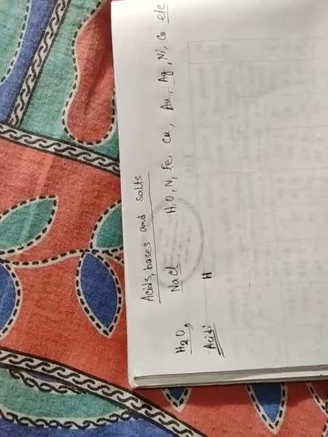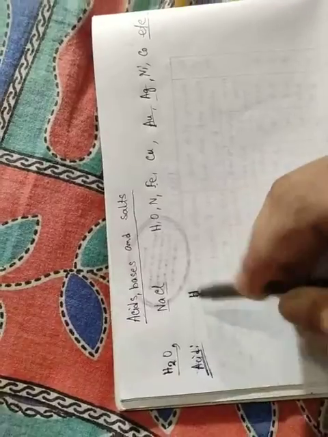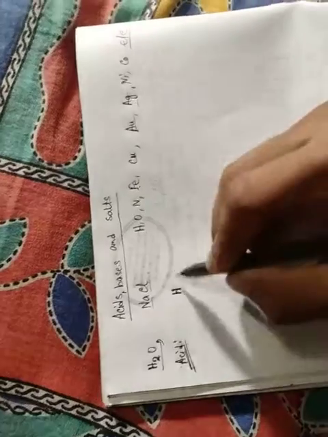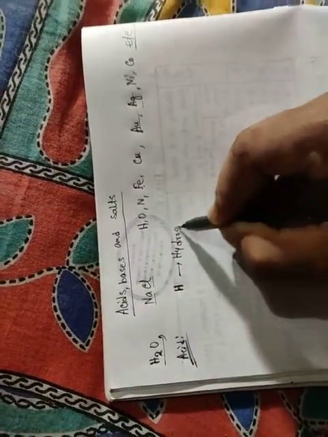That is not true for all cases, but in most cases, when there is hydrogen, we say that is an acid. Any material consisting of hydrogen being an acid is not true every time, but in many cases it is.